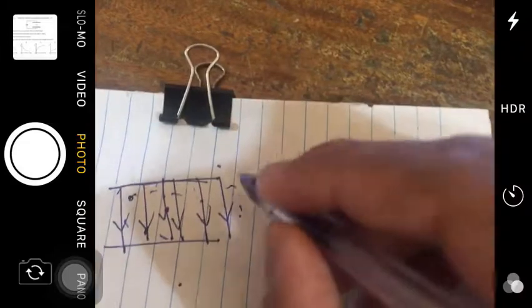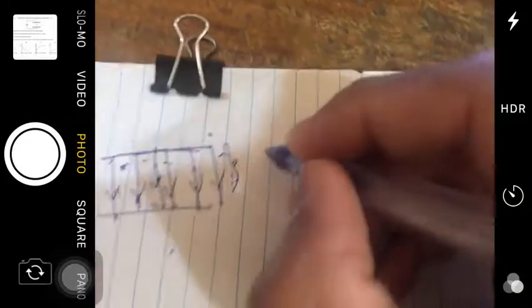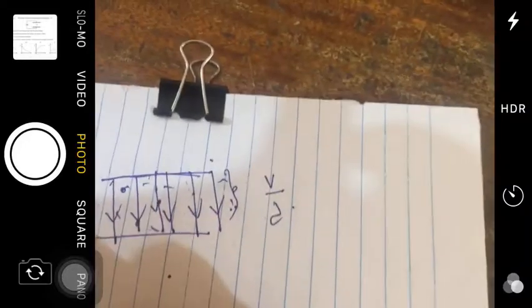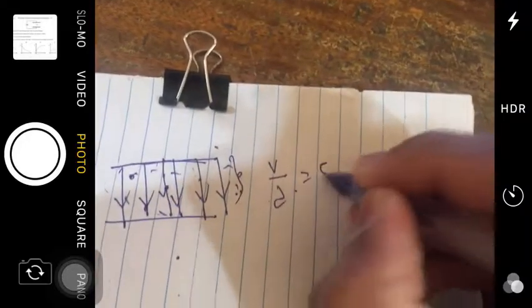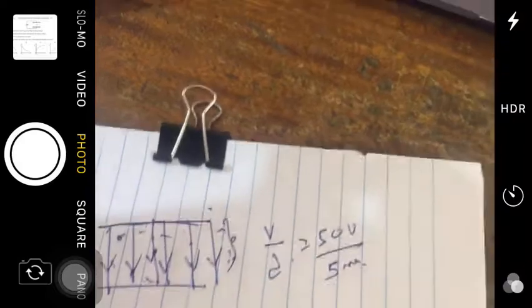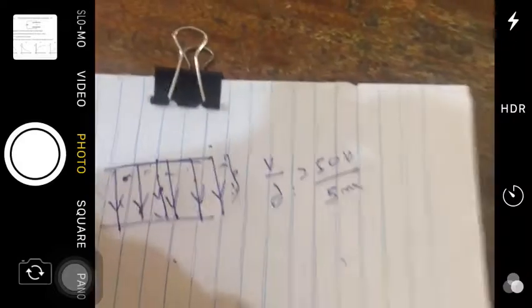So even if it is midway, the electric field strength in this region is given by V over d for a uniform field between two plates. So 50 volts divided by 5 millimeter, not 2.5. That midway thing is there to confuse you, and don't be confused.